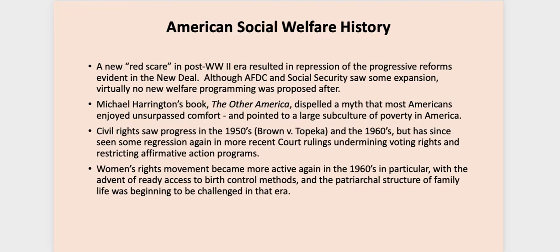So in the early 1950s, in Brown versus Topeka Board of Education, the Supreme Court under Earl Warren overturned the ruling of the Supreme Court in 1896, Plessy versus Ferguson, if you want to know. Plessy said that separate facilities were fine as long as they were equal. And in 1954, in the Brown ruling, the court said separate by definition cannot be equal.